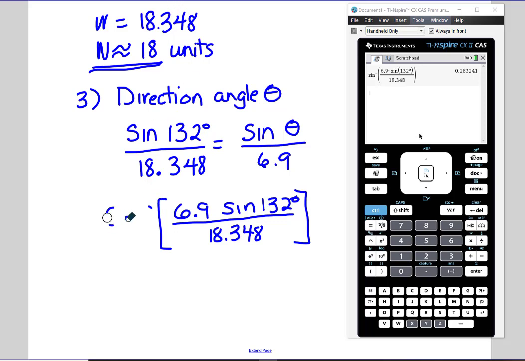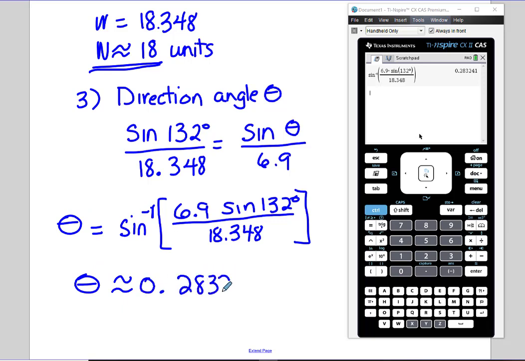radian answer. So let me clean this up here. This was supposed to say sine inverse. Sine inverse gives me my theta, and our theta is about 0.283241. We're going to multiply by 180 and divide by pi.